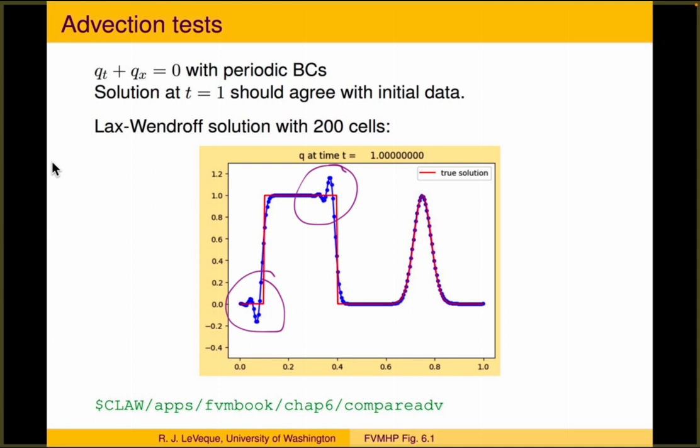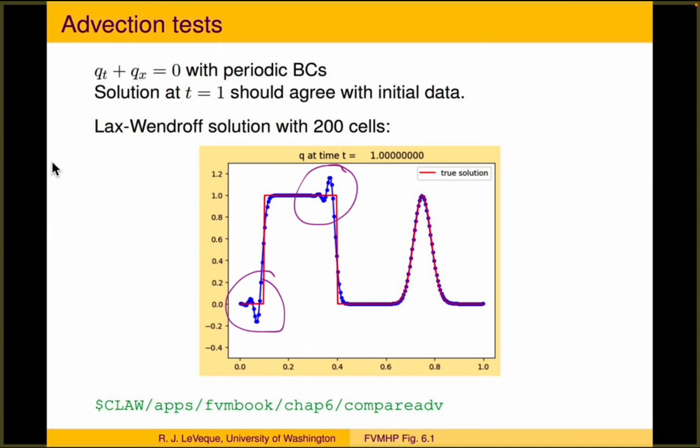And these are an artifact that come exactly from the fact that these discontinuities, when we do the Fourier transform, have lots of very high wave number information in them. And since those high frequency waves are traveling at different speeds, they sort of separate out, and the effect of that is that you see these oscillatory ripples appearing around the discontinuity, similar to the Gibbs effect, if you're familiar with that, when you just try to represent a discontinuity with a Fourier series and you don't take enough terms, for example.